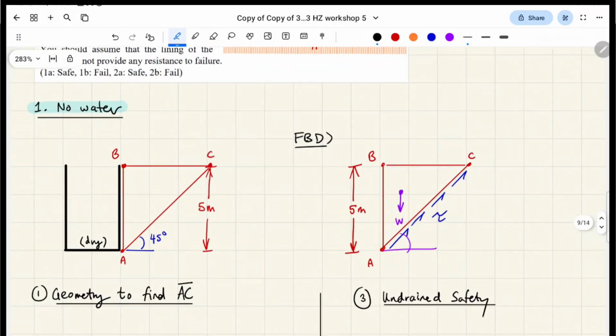So a free body diagram is basically similar to this elevation view, except we mostly care about the forces. The forces acting in our system are the weight of that soil block, which I call W, as well as the shear strength of the soil, which wants to counteract that weight, right?